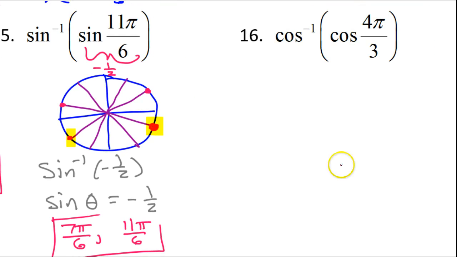So, similarly here on number 16, the inverse cosine and the cosine sort of cancel each other out, and so I'm expecting to have one answer of 4 pi over 3. But what will the other answer be? So let's check it out.